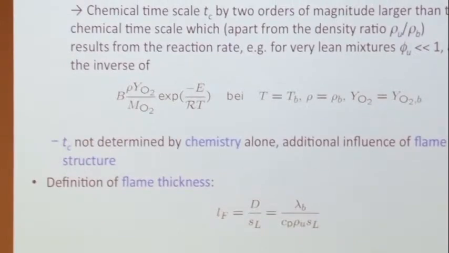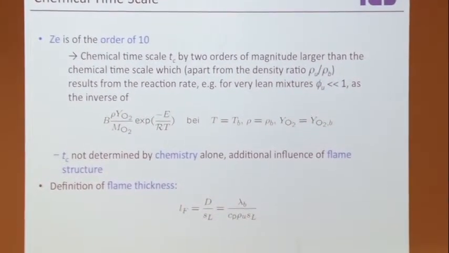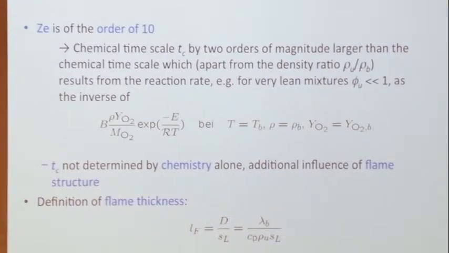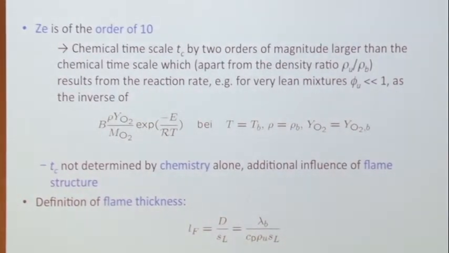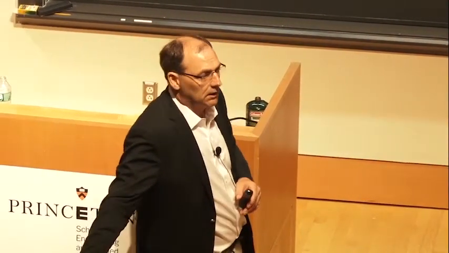Now, one thing that's interesting is that you could also determine a chemical time scale. Let's say, naively, you would say, okay, I have a chemical source term, which is Y fuel times Y oxygen times this exponential function. And if I divide this by one of the concentrations, then I have a time scale.